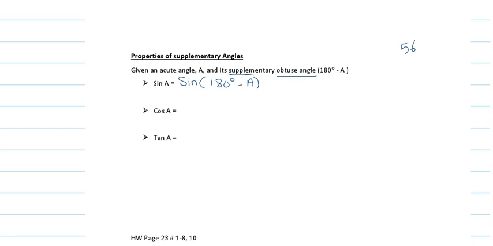Okay. How about cosine A and cosine 180 minus A? That means cosine A is equal to negative cosine 180 minus A, right? So if cosine A was, let's say, 0.345, then cosine 180 minus A is going to be negative 0.345.